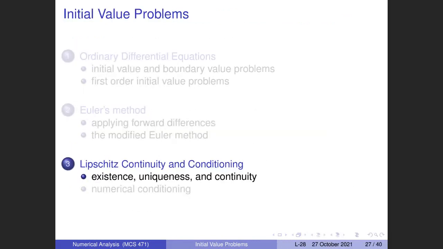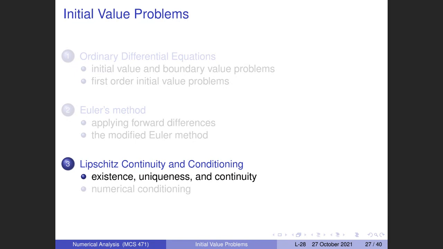So this is the last 10 minutes of this lecture. The problems are a lot harder. Sometimes the solution may not exist at all. So you can write down any right-hand side for which there is no explicit solution, but you may also have that the solution does not exist. Also, one may ask, is there a unique solution?